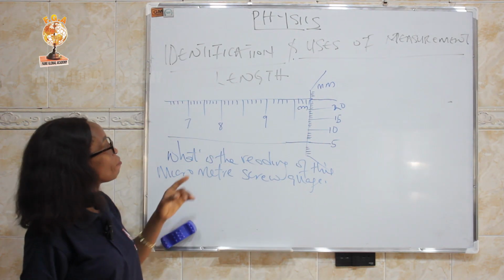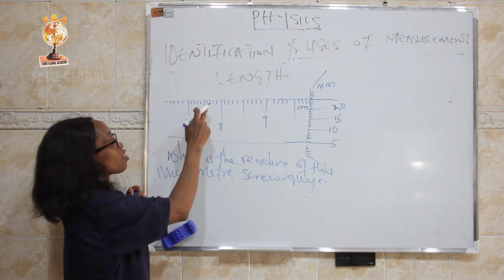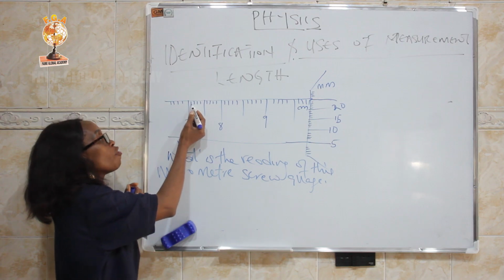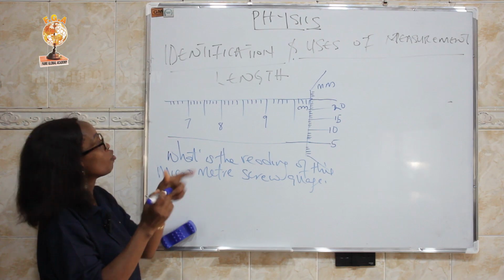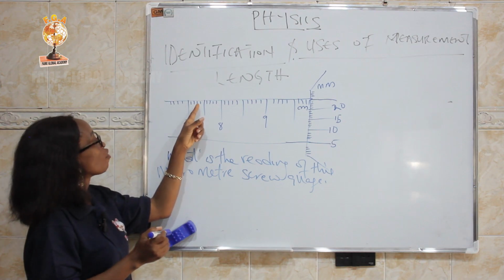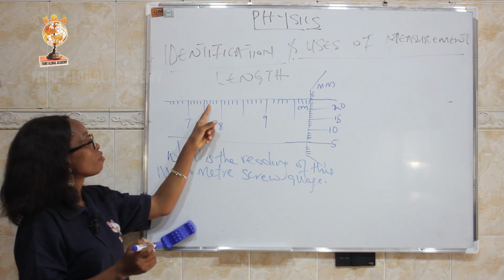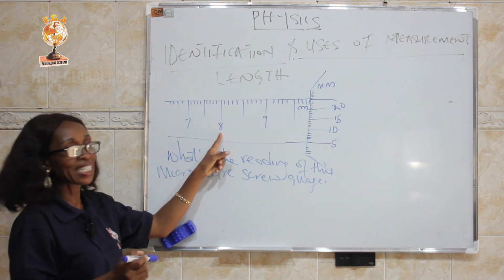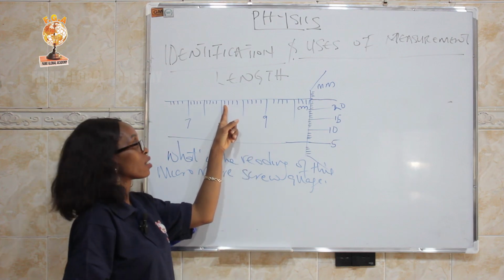If this is 7 and this is 7.5, then the marks between are 7.1, 7.2, 7.3, 7.4, 7.5, 7.6, 7.7, 7.8, 7.9, 8. So if this is 8.5, it means this is 8.1, 8.2.